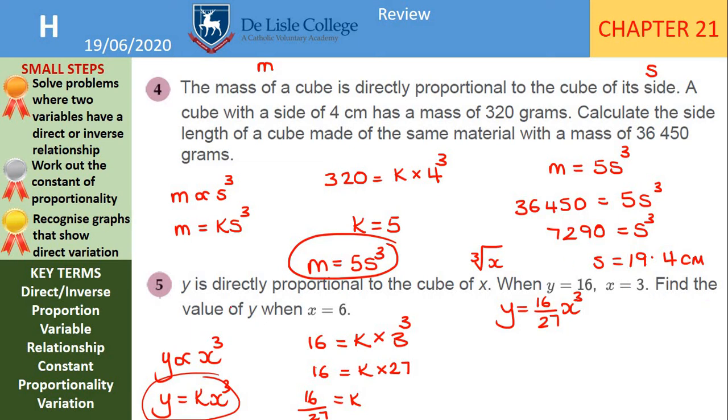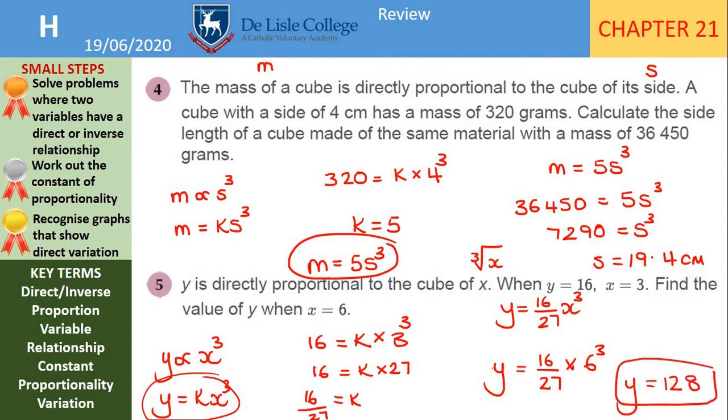Now it asks me to find the value of y when x equals 6. So I'm going to replace the x with 6. And if you work this out in your calculator, it comes out nicely that y must be 128.